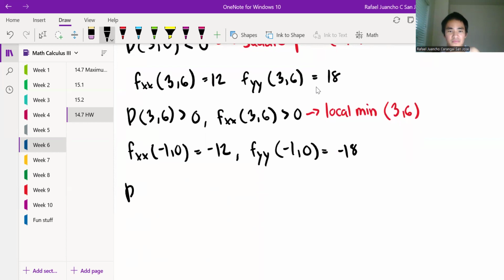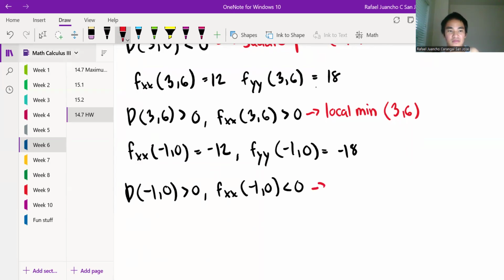And look at that. My D at that point is positive, but my f sub x at that point is negative. So I get a local max. So it does take long to do these types of things.